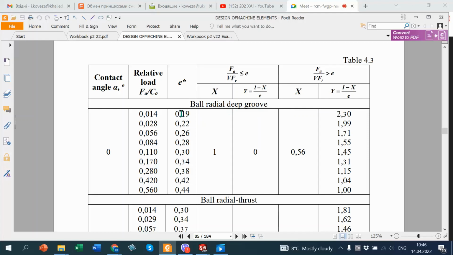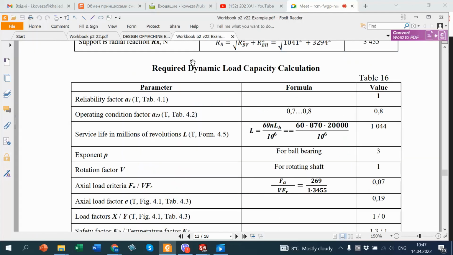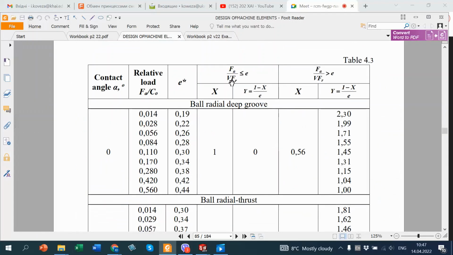If we have load ratio less than 0.19, we should use X radial factor 1, Y 0. e 0.19 is the smallest one.